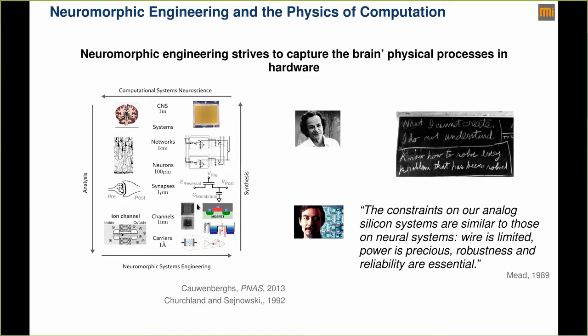I take this comment as a way of saying that it doesn't really matter at which point we look at this hierarchy or these different scales. At some point, if we can match these constraints from a physical system to a computational system, we might actually be achieving something similar to the brain and vice versa.